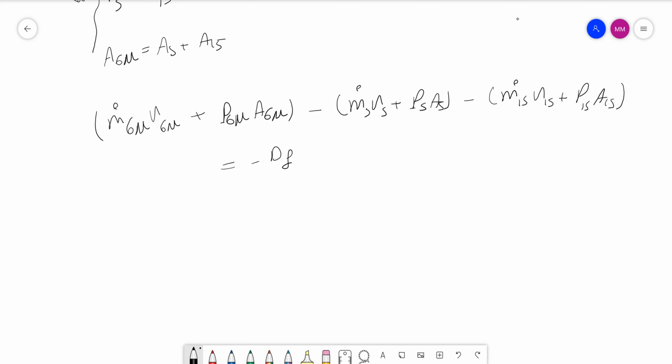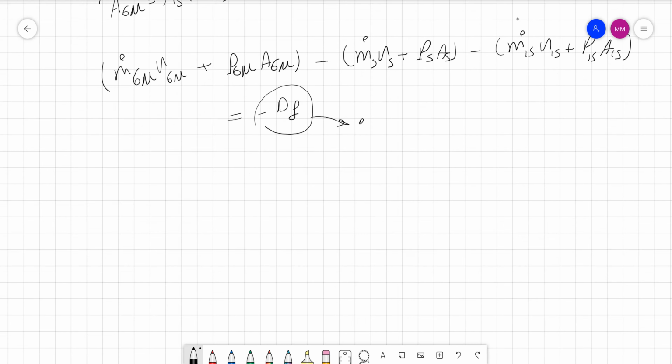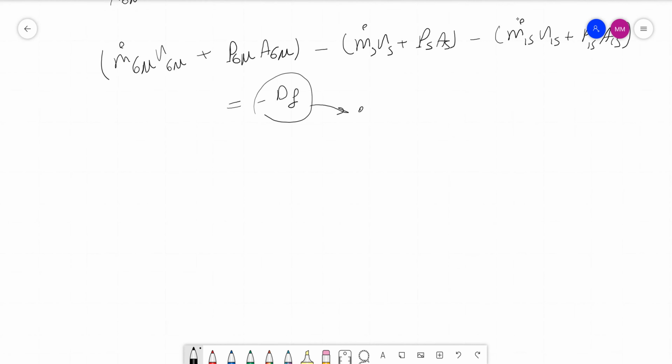So what is going to happen to this equation if we assume that we are dealing with a frictionless flow? This term always goes to 0. That's the first thing that happens. Your friction drag will not be present in a frictionless flow, right? And if you recall from chapter 2, these terms are the definition of impulse at each station.